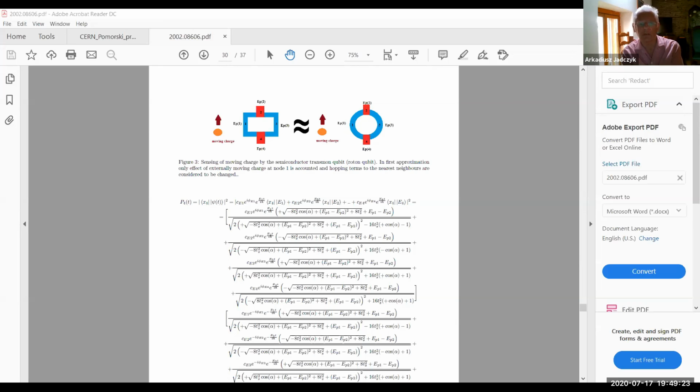Because if you repeatedly measure position, then essentially the next measurement will give a result not too far from the previous, because the particle has a finite velocity and cannot move too far. Usually we say if we measure a position, the next instant of time the particle will stay at the same position unless there is a reason for it to move, like spreading of the wave packet or an external field, right?